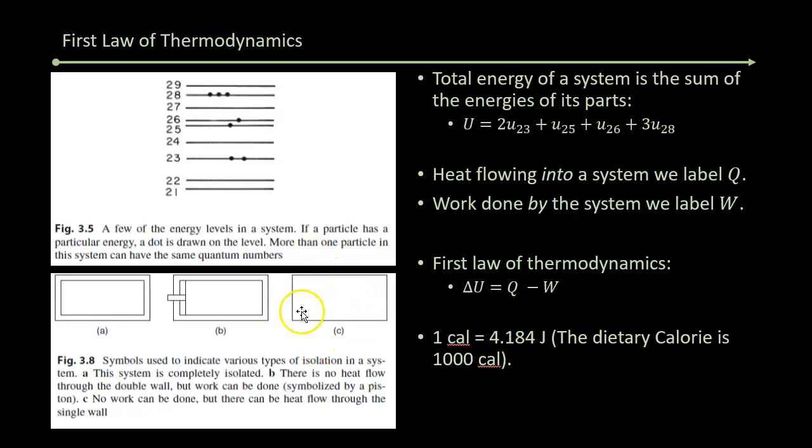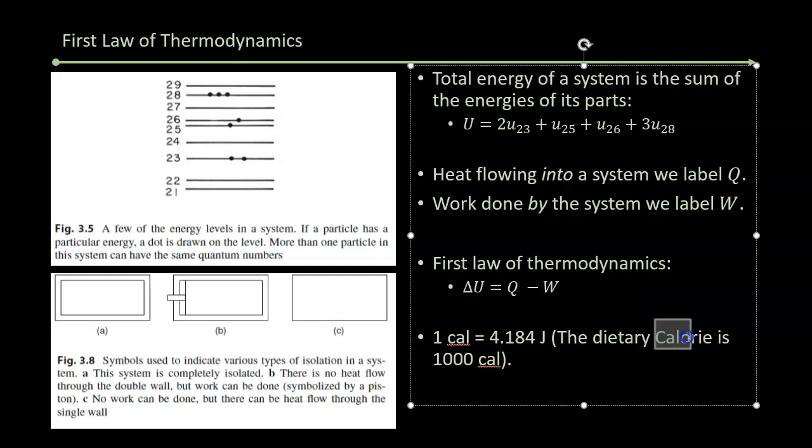Here, it's not thermally isolated. No isolation thermally here at all. That's a single border. Other things you'll get: the first law of thermodynamics. Change in energy of a system is heat flowing into it minus work done by the system. So heat flowing in minus work done by the system.